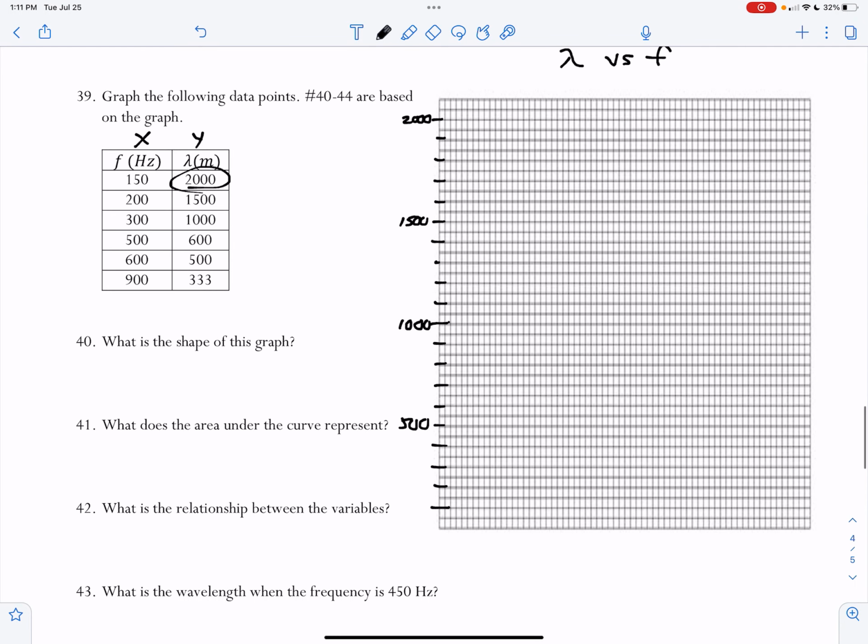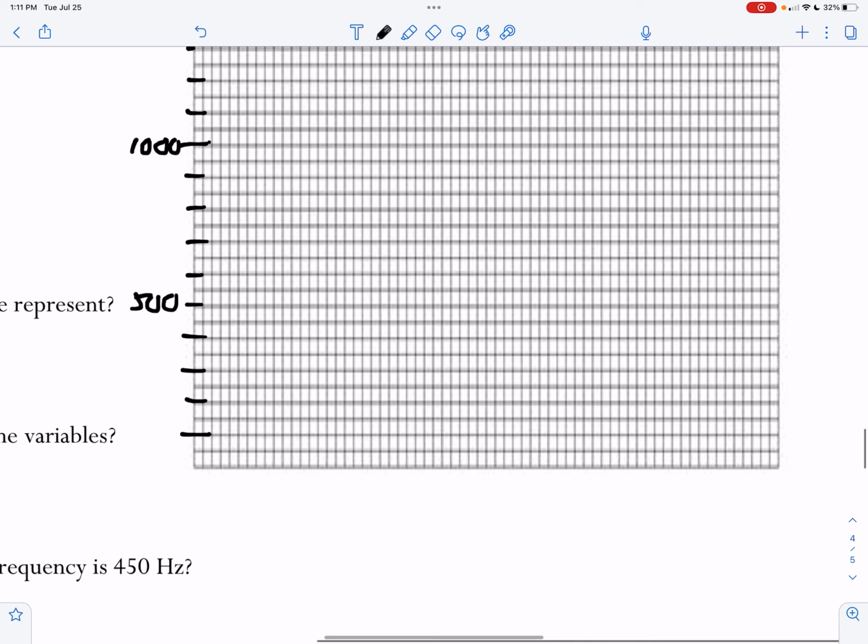All right, and then the largest frequency you can see is 900. So similarly, I'm going to try and skip about 5 boxes along the way. There's 100, 200, 300, 400, 500. Okay, 600.